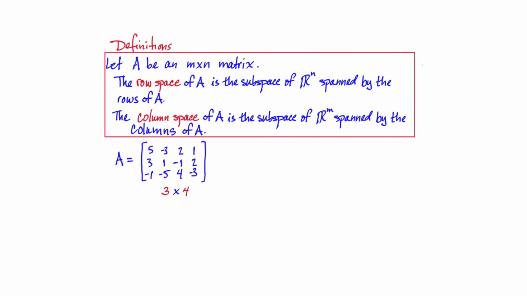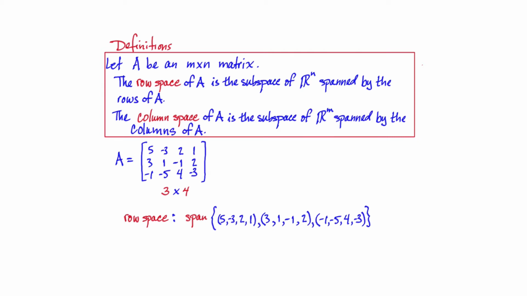And we can see that the rows of A are vectors in R4, but the columns of A are vectors in R3. So the row space of A is the span of the rows, 5, -3, 2, 1, 3, 1, -1, 2, and -1, -5, 4, -3.